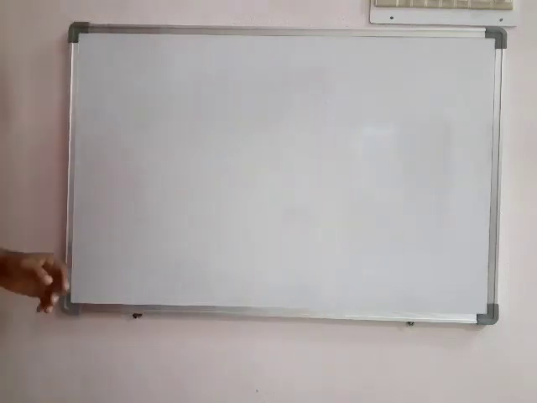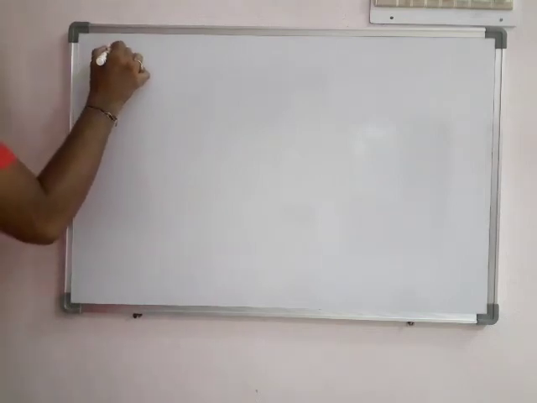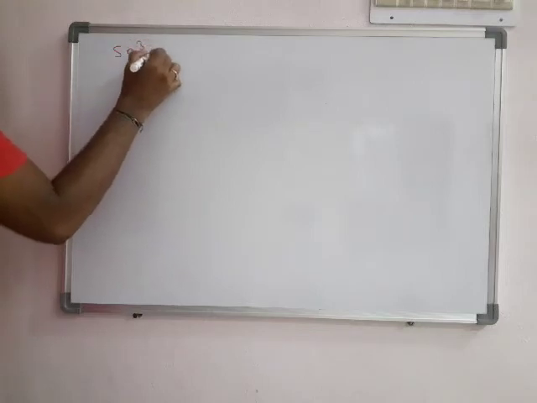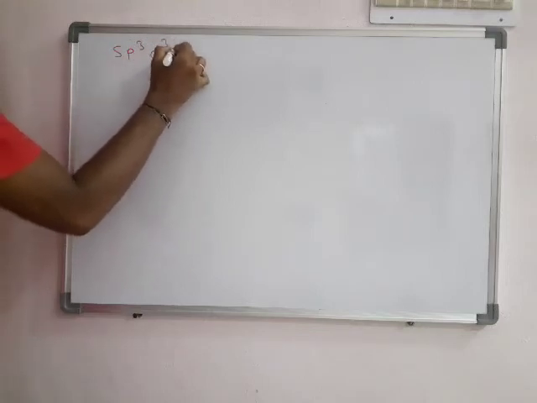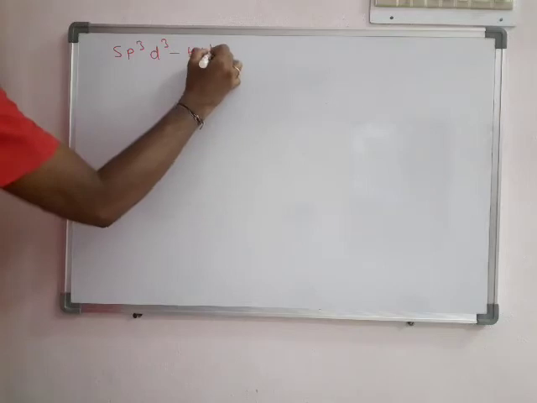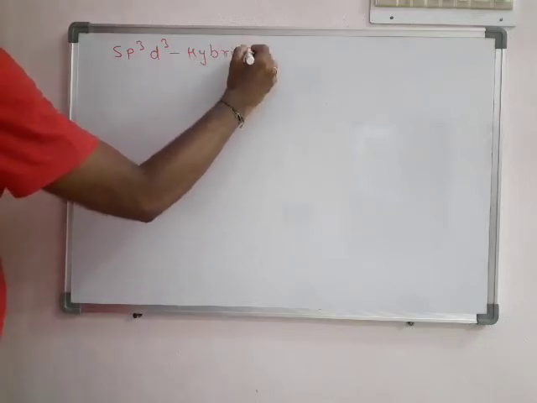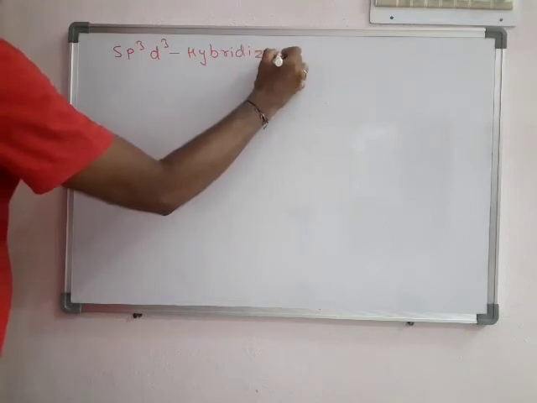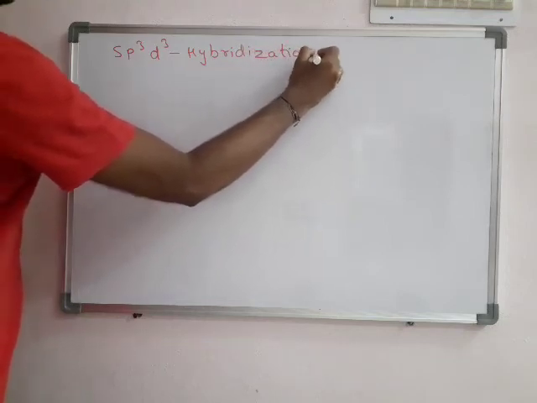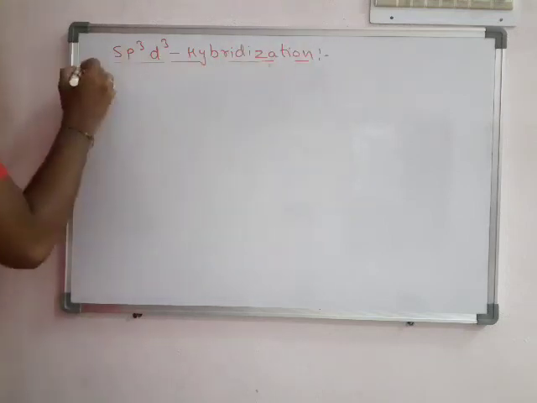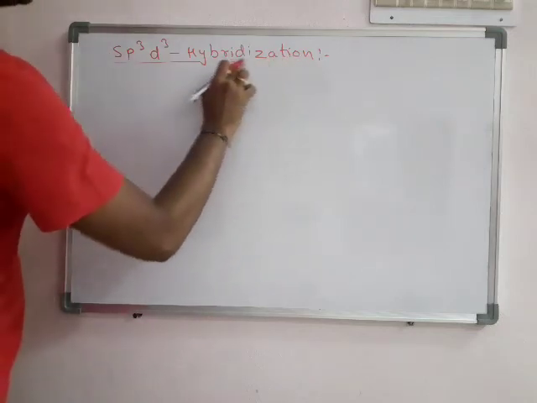So next we see the other last hybridization, that is sp3d3 hybridization. There are very rare molecules present in this hybridization, that's why I am not giving the total definition.